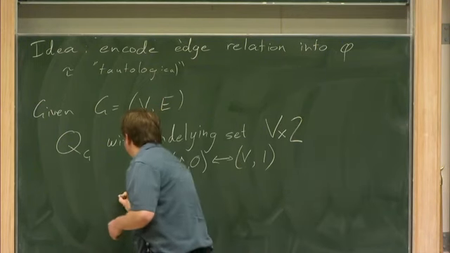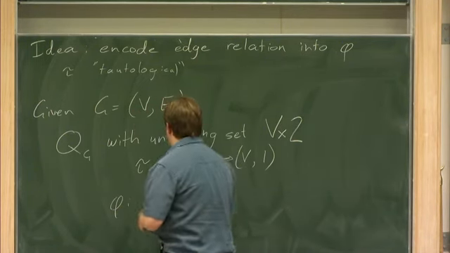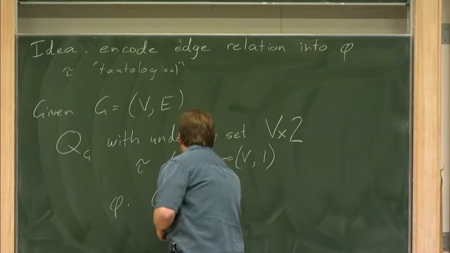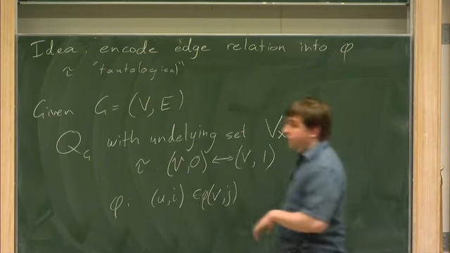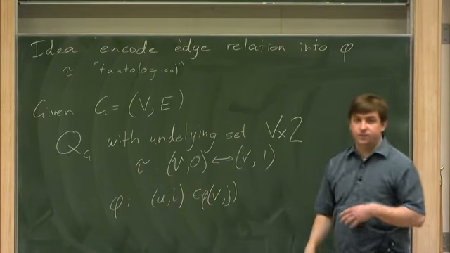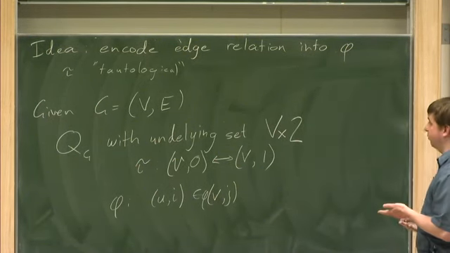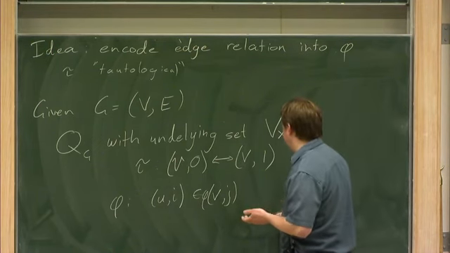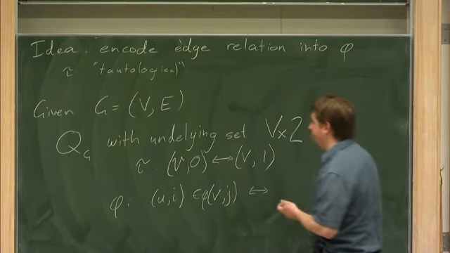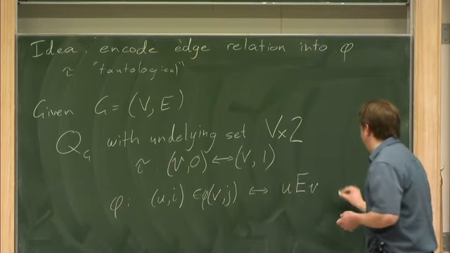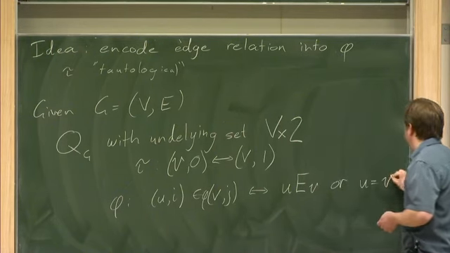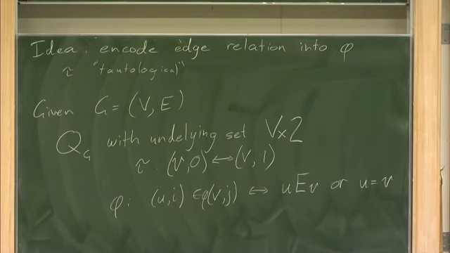And phi: U_i is in phi of V_j. Well, first of all, you ignore the second component because that's what you need to do to make things tau-replete, and then you just say that holds if and only if U has an edge to V, or of course U equals V. So that's how we define a quandle from a graph.